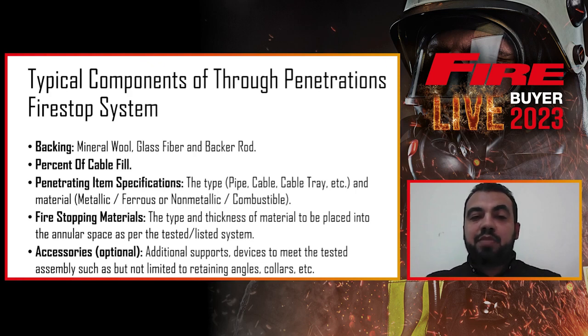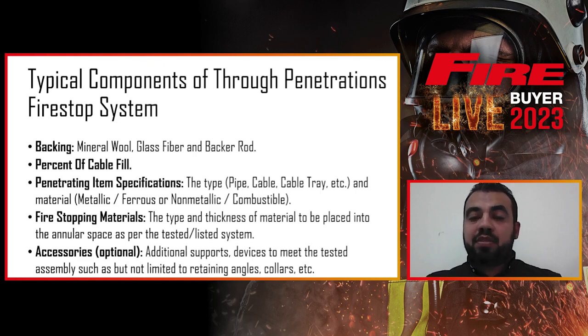The penetration item specification. Every penetrant will have different behavior in the event of fire and when it's exposed to high temperature. Plastic pipes are not like metallic pipes; cables and cable trays are different, and the combustibility of the material will also affect how it will perform in the event of fire.